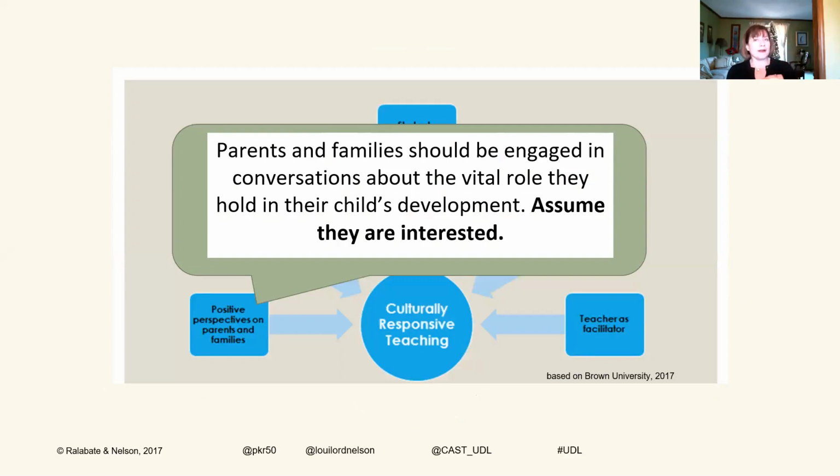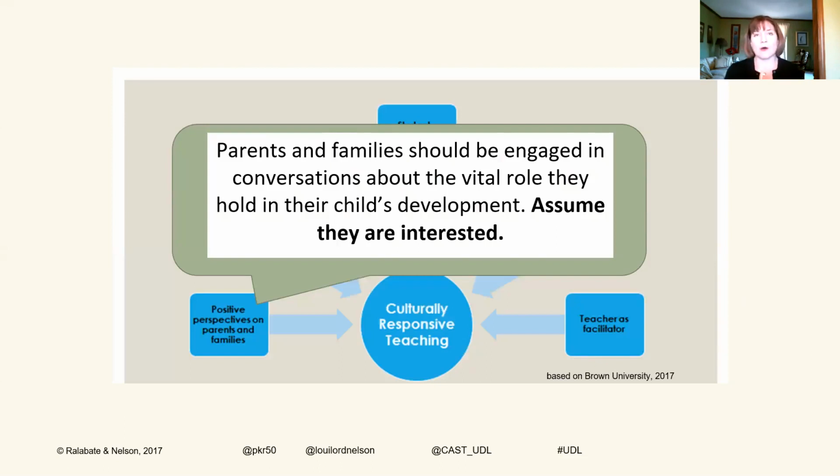And from our end of the deal, it's providing them with information in a lot of different representations and engaging them in a lot of different ways and giving them different opportunities and ways to demonstrate their connection to school. And so you've probably already heard just from that brief sentence the overlay that you can already start to make between this principle within culturally responsive teaching and universal design for learning.